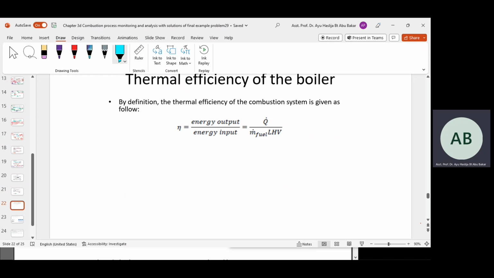So the Q is calculated from the enthalpy equation, where the product minus reactant.